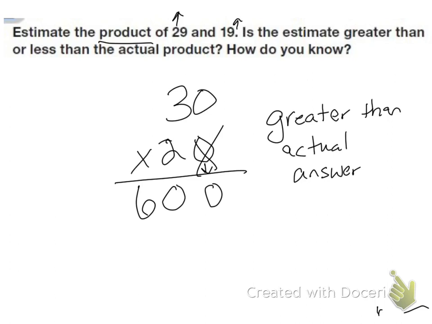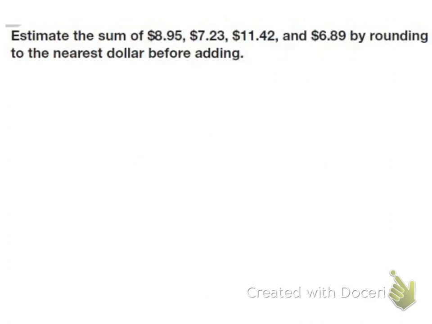All right, on this next problem it says estimate the sum of $8.95, $7.23, $11.42, and $6.89 by rounding to the nearest dollar before adding. So for each amount, if the number of cents is 50 cents or more, I round up to the next dollar.